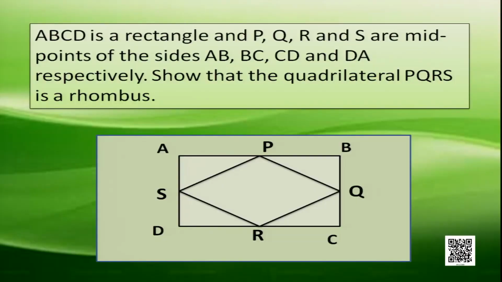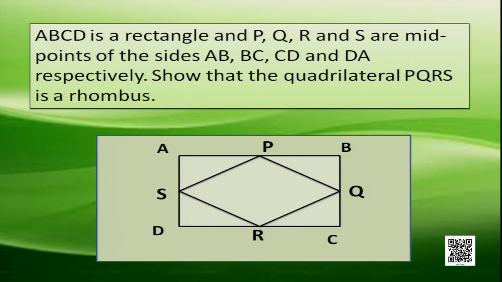Let's see another question. The question is, ABCD is a rectangle and P, Q, R and S are midpoints of the sides AB, BC, CD and DA respectively. Show that the quadrilateral PQRS is a rhombus.